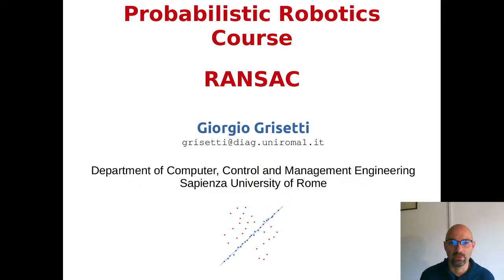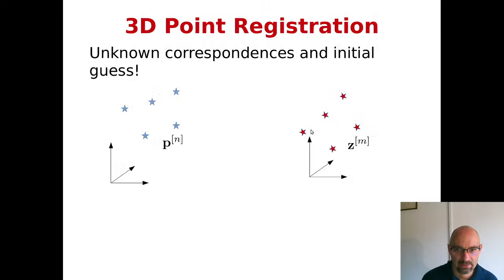Okay, so we have to present a way that will allow us to determine a reasonable registration or a satisfactory set of parameters given a set of data with a high percentage of outliers. And this is RANSAC.